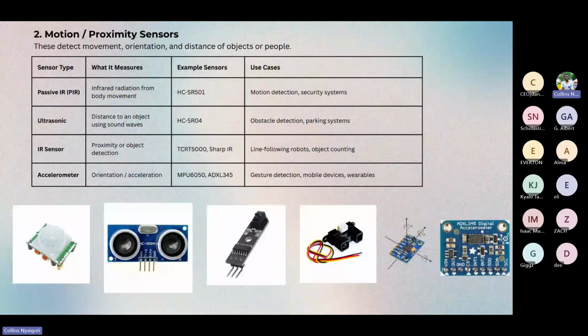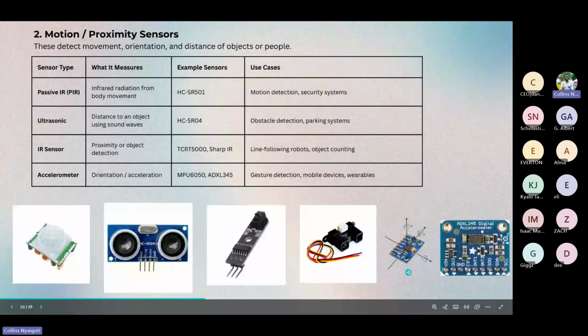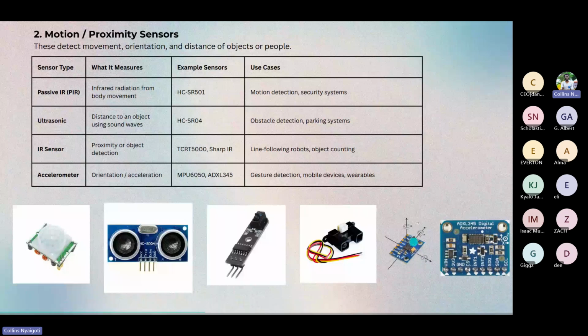I know some friends of mine who used this sensor to work on a device for sensing people with epilepsy, where people fall and start shaking. So it was measuring those shaking motions and knowing whether someone is having an epilepsy episode or not.